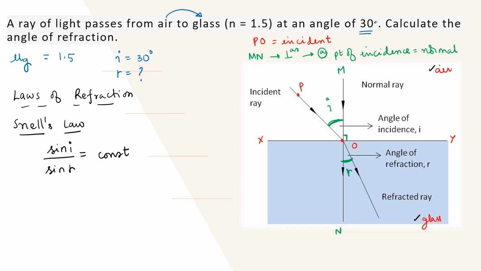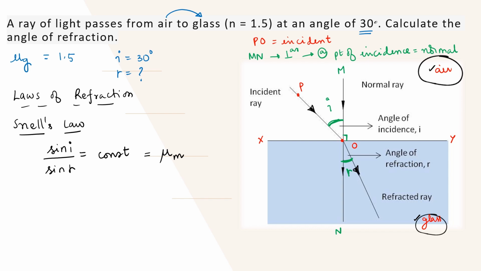Further, this constant is equal to the refractive index. Refractive index of what? The refractive index of the medium. Now remember here, the light is traveling from air to glass.